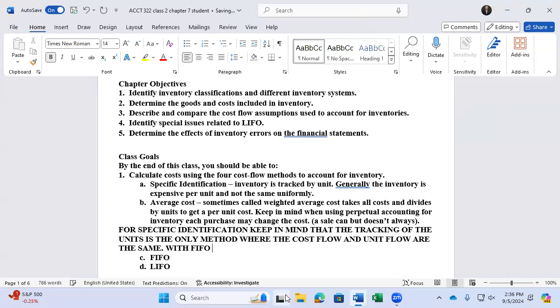With FIFO and LIFO, cost flows may not match the actual movement of the inventory. So what does that mean?